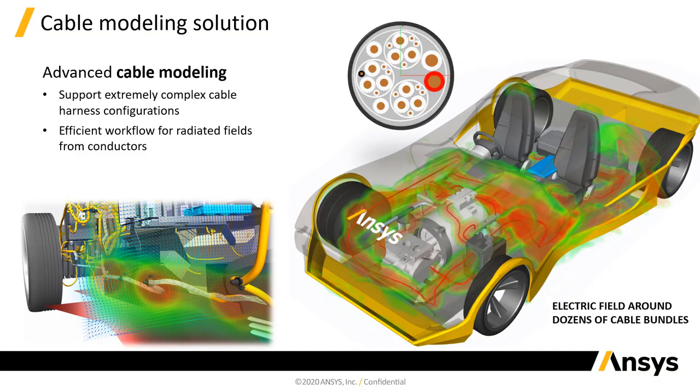So in HFSS, we have a very good workflow where we solve the cross section of cables using a transmission line solver, and then we map the fields on the bundles in HFSS. Here on the right side, you see several wiring harness bundles. Those red cylinders are the bundles, and you can see the electric field around them generated by specific signals within that bundle. So we can simulate full vehicles in HFSS considering hundreds of conductors.